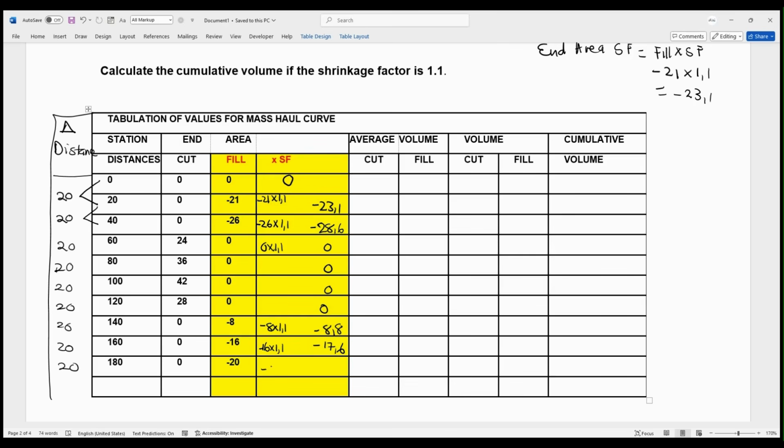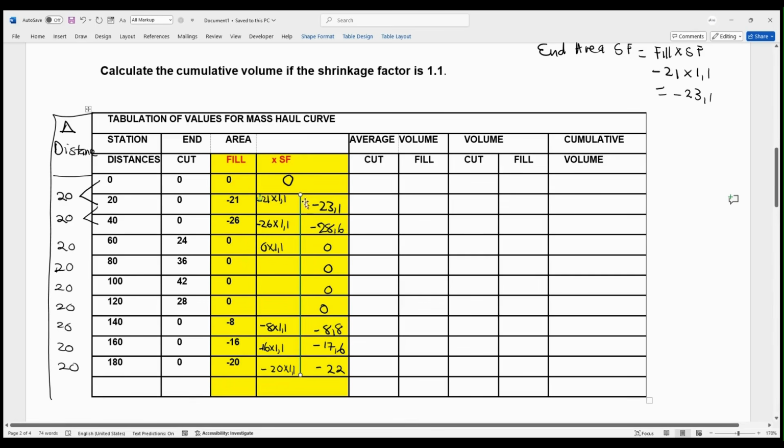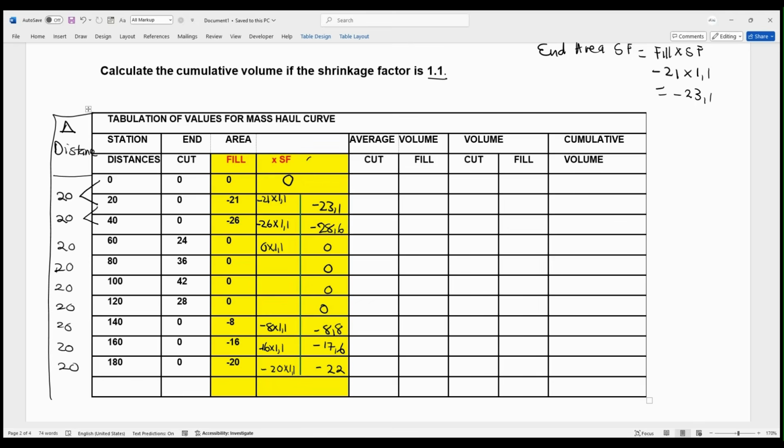Negative 20 times 1.1 is negative 22. So those are just calculations; don't put them in mind. Let me draw a line to differentiate here. That is the answer for your SF, which was given as 1.1, so our shrinkage force is 101%.